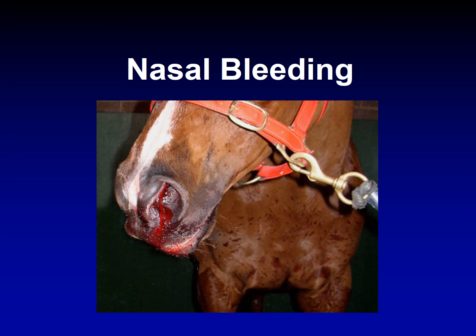You've seen it before. Sometimes you have inexperienced individuals who pass a nasogastric tube or an endoscope, and sometimes not even inexperienced people. Sometimes experienced people are a little too rough on passing the tubes, and it causes them to bleed again because of the ethmoid concha.